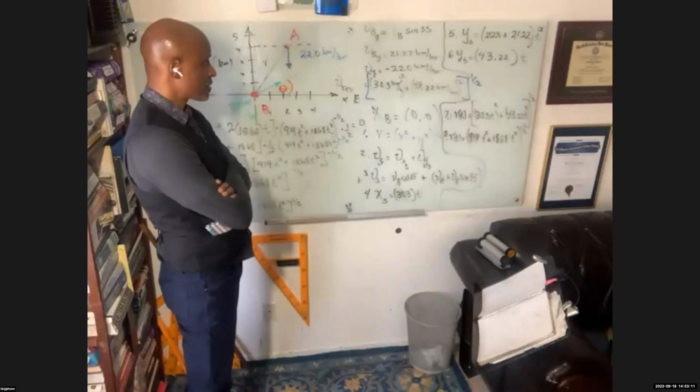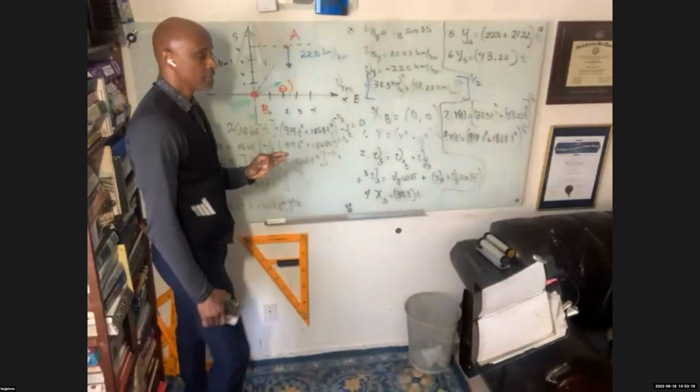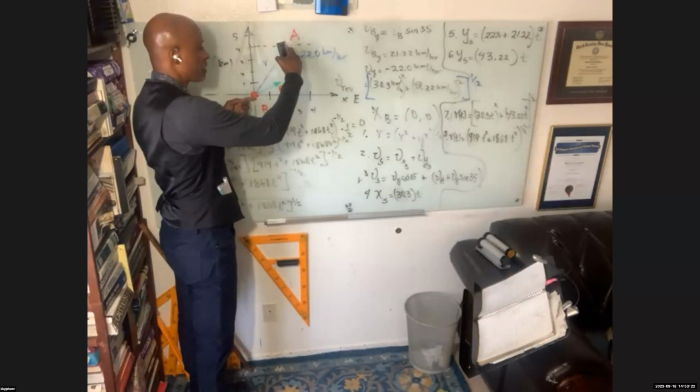That's not velocity. That's the distance between them. That would give you R. It would give you the magnitude, wouldn't it? That is distance. That will give you the maximum distance between them.